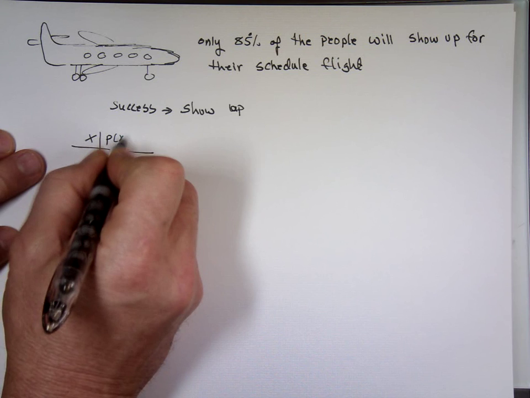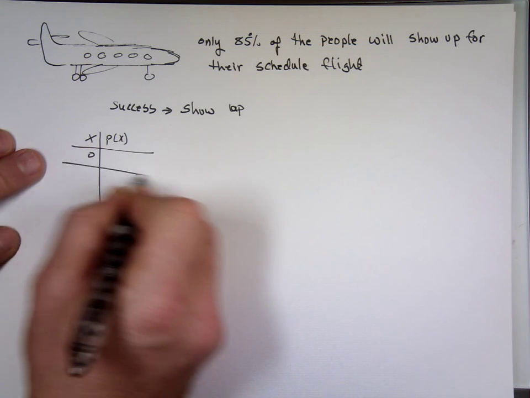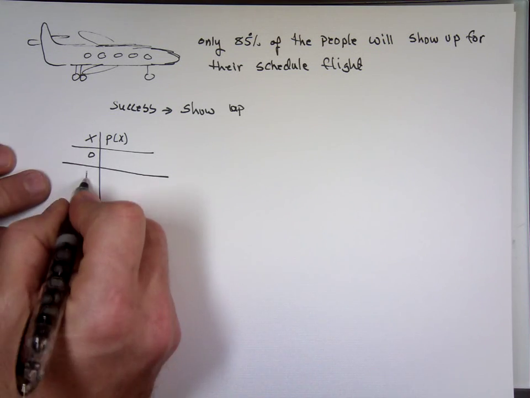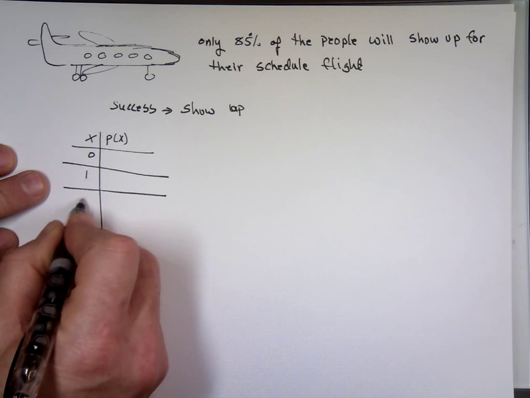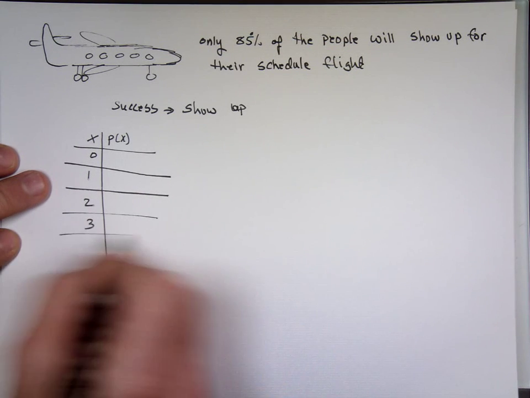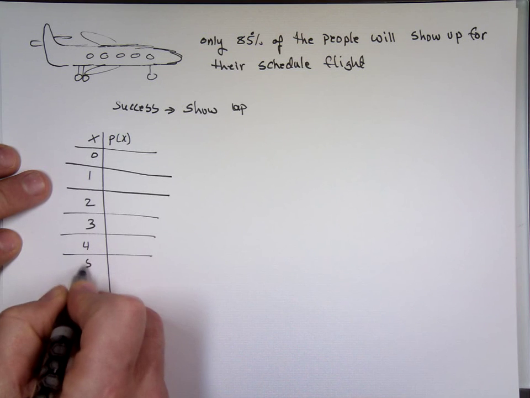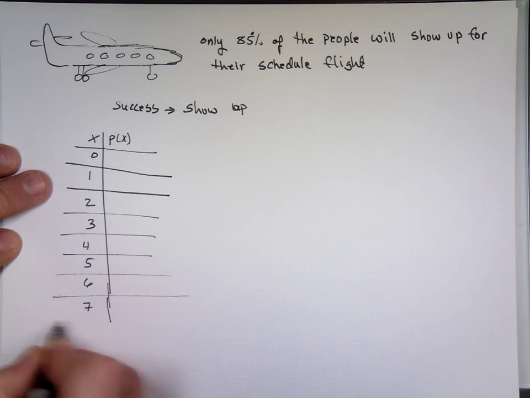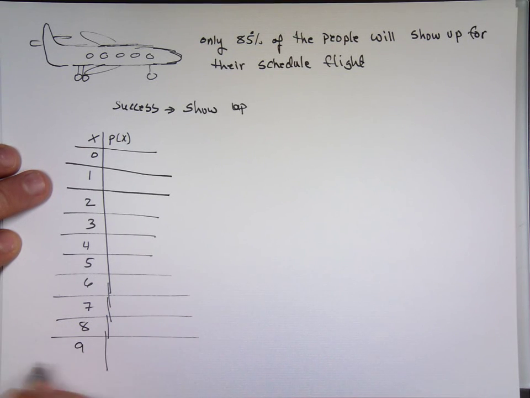Maybe it happens to be the same family and they have an emergency and decide not to go. It is possible only one person will show up. 2, 3, 4, 5, 6, 7, 8, 9, and 10.